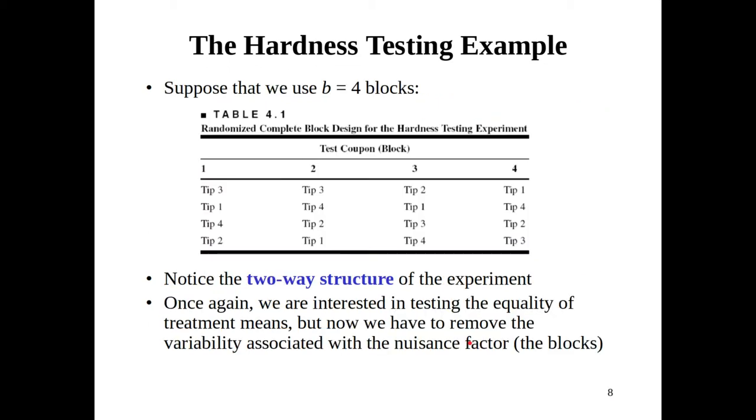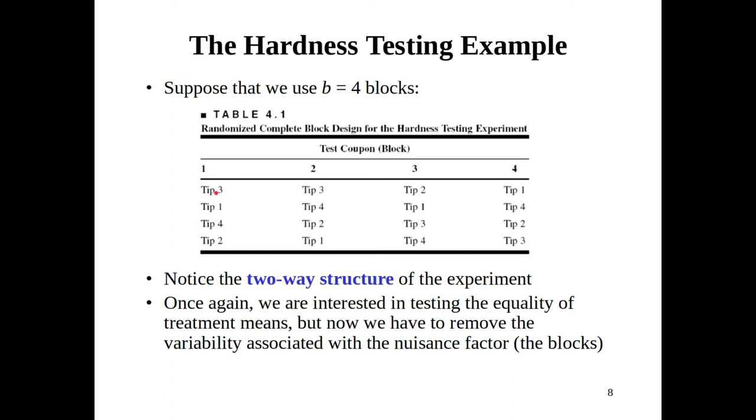So here is how it looks. Suppose that we use b equal to 4 blocks. The letter small b is used to define the number of blocks. So we are going to use 4 blocks, 4 test coupons.